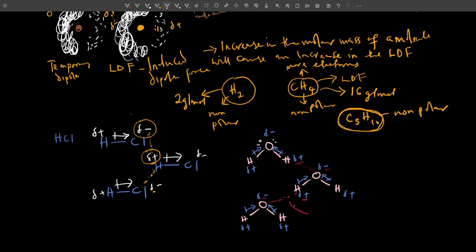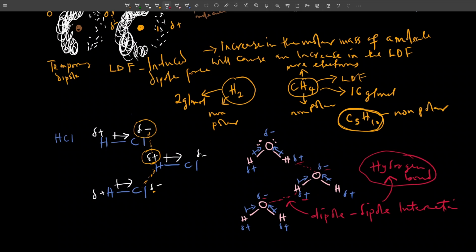So this force or this bond is called dipole interaction. This particular dipole interaction is a special type of dipole called hydrogen bond. So hydrogen bond is a dipole interaction.